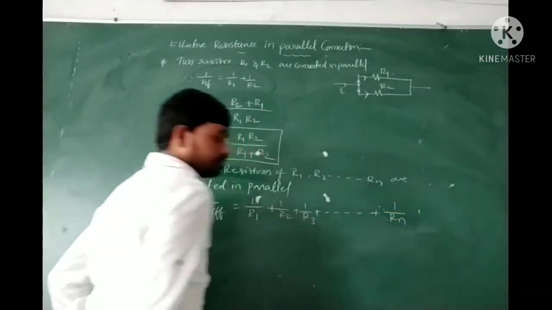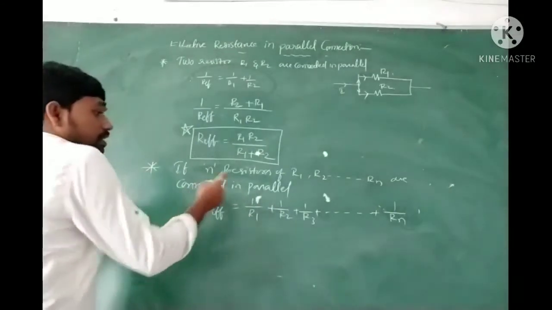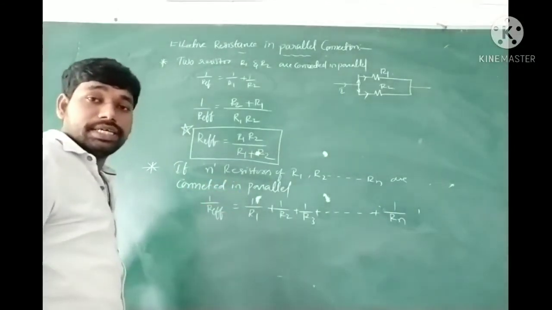So this is the effective resistance of different resistors connected in parallel.